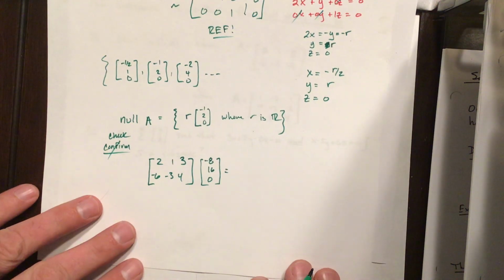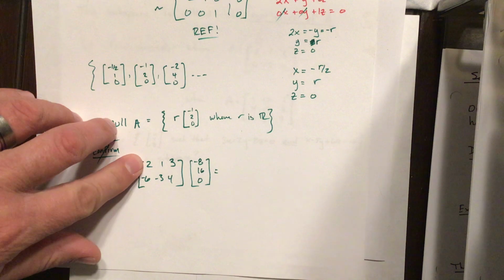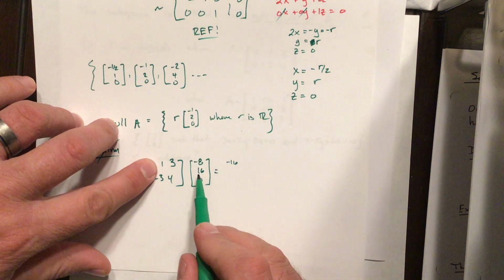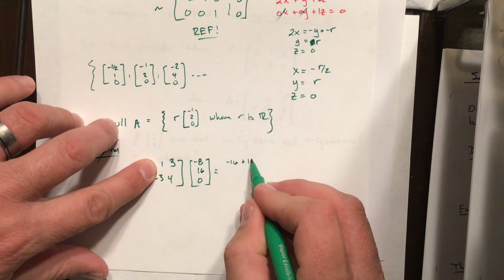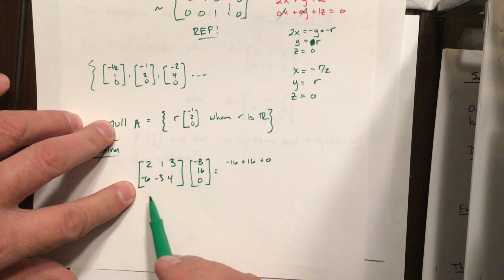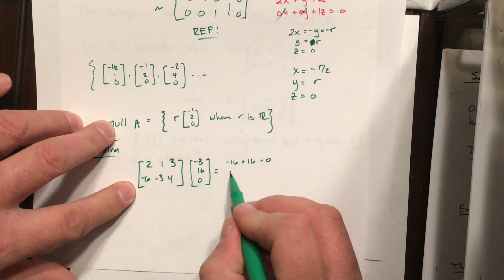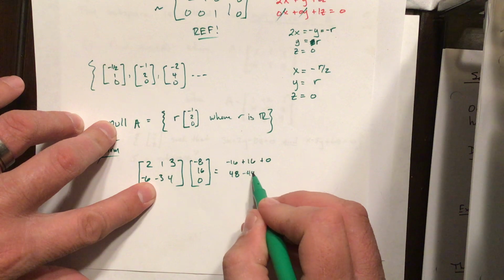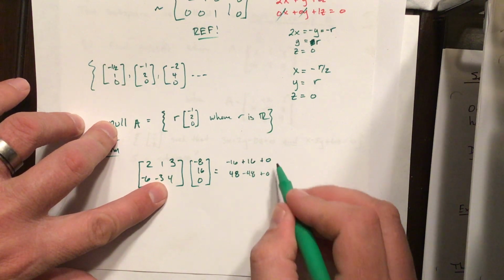What does that equal? Let's see. 2 times -8, that's -16, plus 1 times 16, that's 16, plus 3 times 0, that's 0. -6 times -8, that's 48. -3 times 16, that's -48. 4 times 0, that's 0.